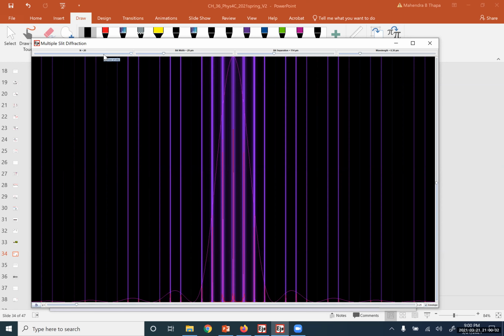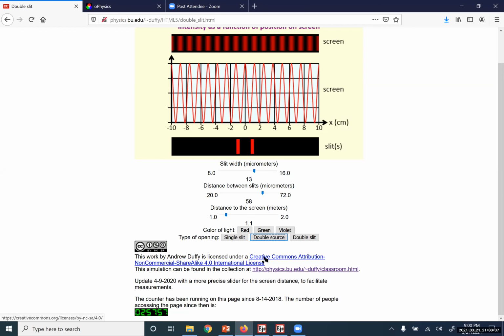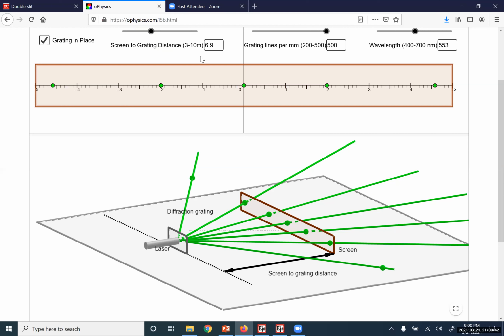Considering this diffraction grating, the screen to grating distance is, for example, 6.9 meters, and the grating lines per millimeter I took as 500. I can change the value of lambda, and we get different orders of bands: first bright, second bright. I can change that number.